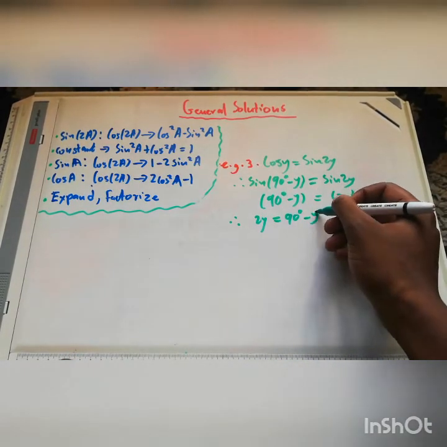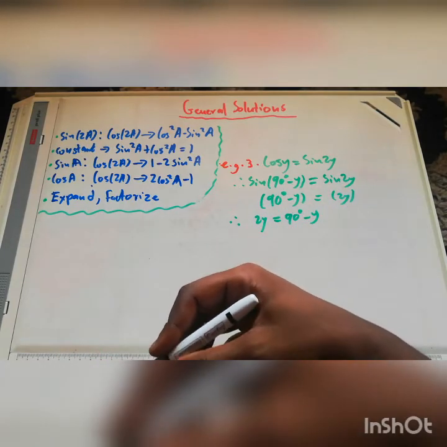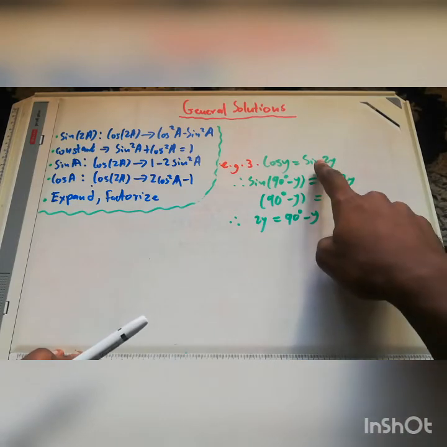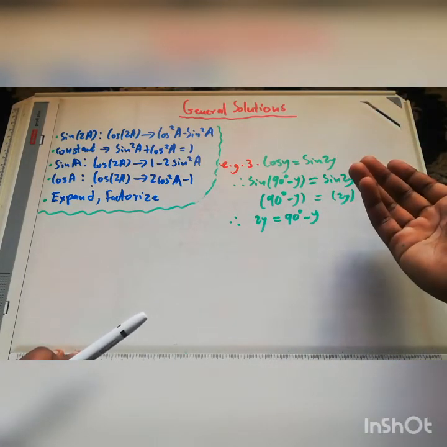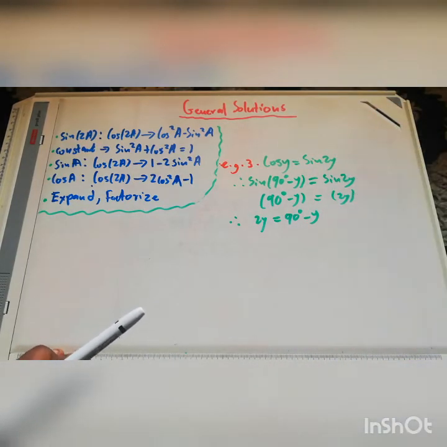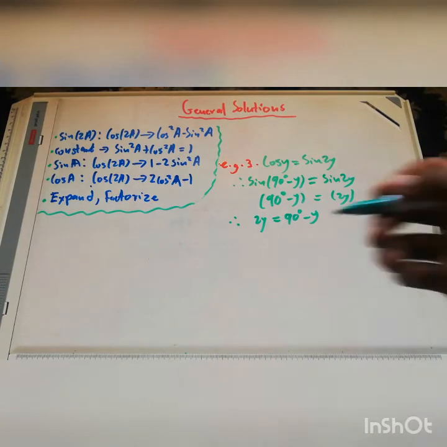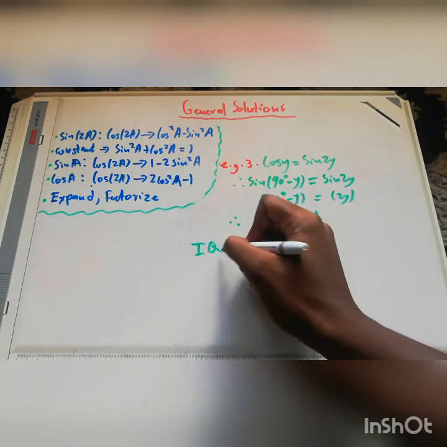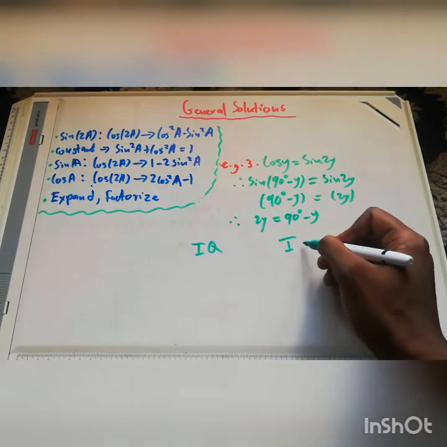That's my reference angle. So then I check, where is the sine graph positive? The sine graph is positive where? In the first quadrant and in the second quadrant.